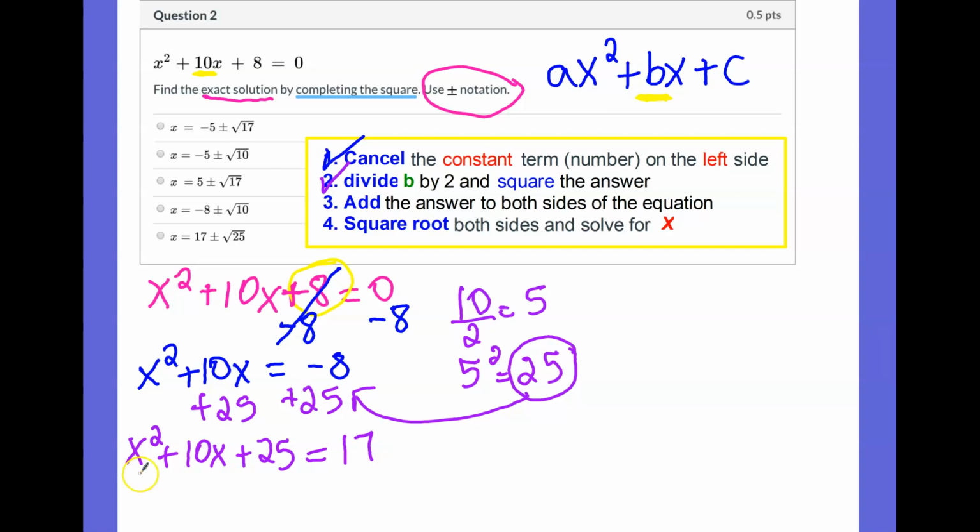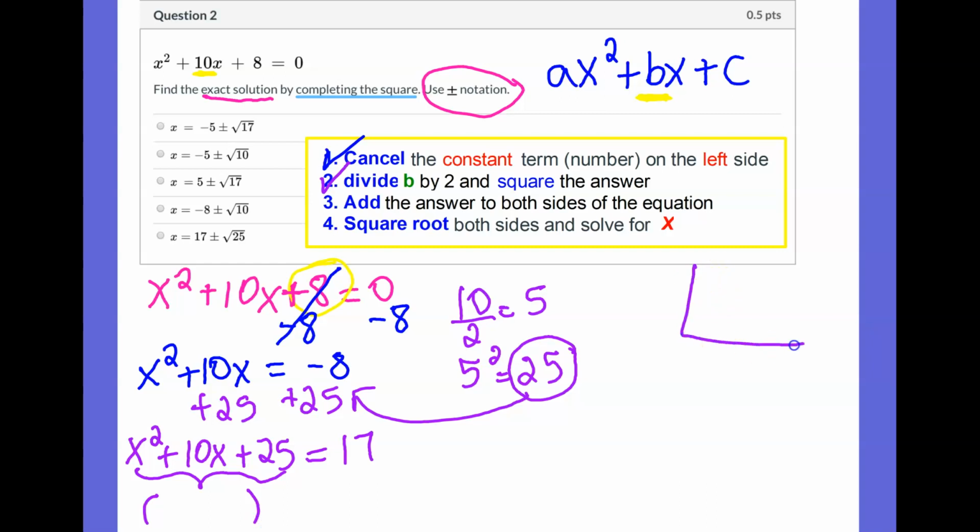Now I need to find out if this is a perfect square. Because I have 5 plus 5 equals 10 and 5 times 5 is 25, I know this is a perfect square.